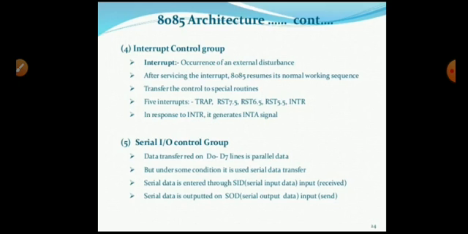So to take the services from the processor, the device first of all sends the interrupt signal to the processor, and upon receiving the interrupt signal, the processor will generate the acknowledgement signal called the INTA signal.